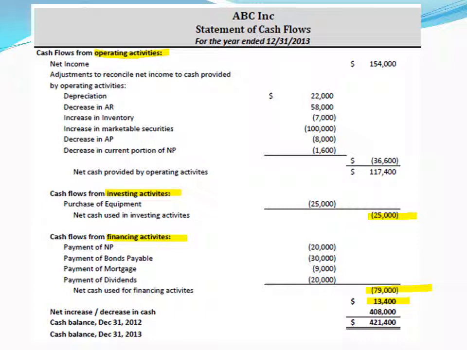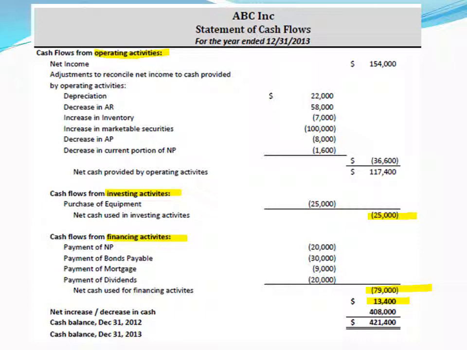As you can see in the operating activity section, we start with net income and then we make certain adjustments to figure out how much cash we actually collected or used as part of operations, because those two numbers are different. In this case, we earned $154,000 of income, but our net cash flowing in from operations was $117,000.